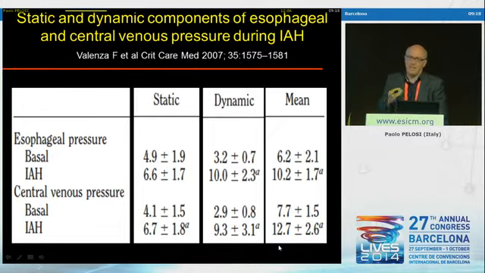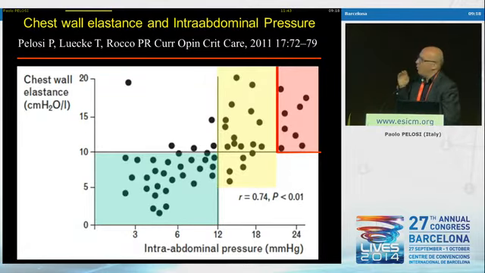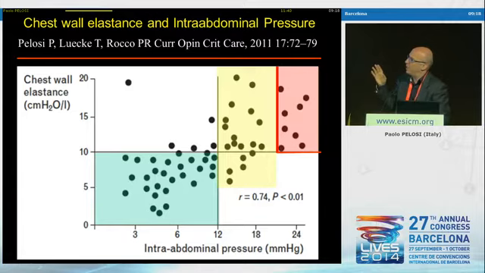So we have two messages here. When we increase intra-abdominal pressure, there are no changes in the esophageal pressure at end expiration, and this is linked to what Gattinoni showed before. And this can have a major impact on the absolute value of intravascular pressure that we will discuss a bit later, which is the relation in patients between the chest wall elastance or compliance, sorry, and intra-abdominal pressure.